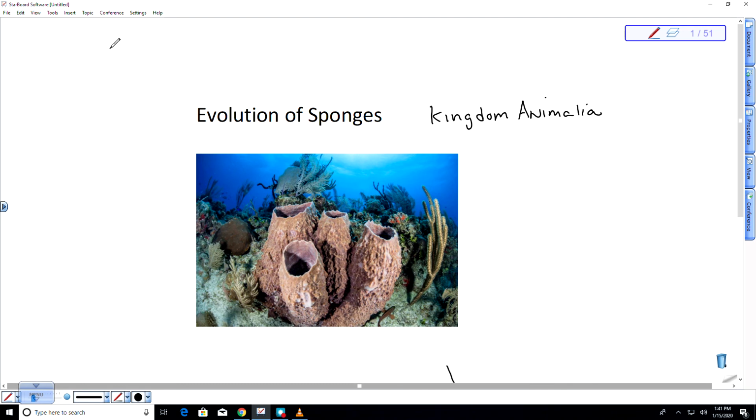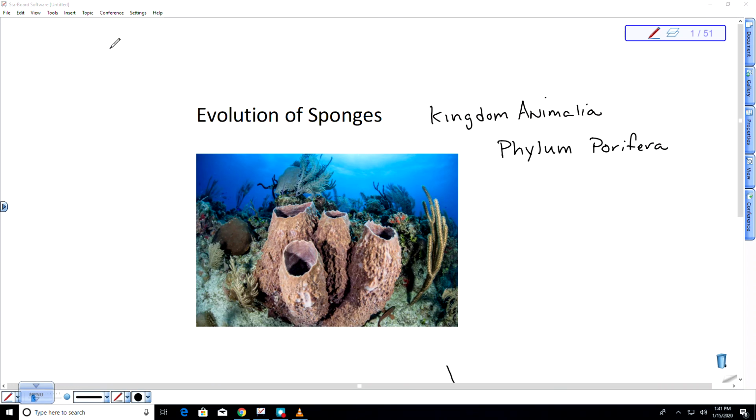They are pore bearers. They have pores, and so they are in the phylum Porifera. So that means that they are pore bearers.